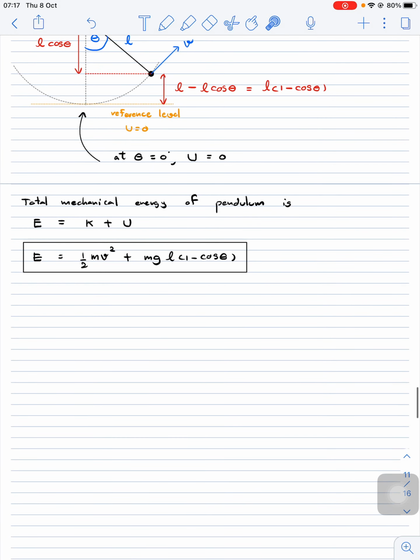So you can just plug in theta to be 0, right? You get cosine 0 equal to 1, and 1 minus 1 equal to 0. So this is going to go to 0.